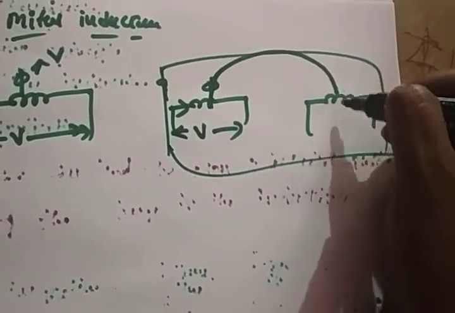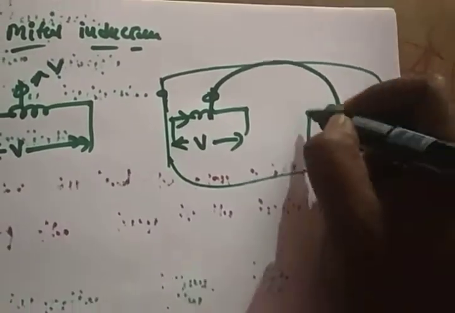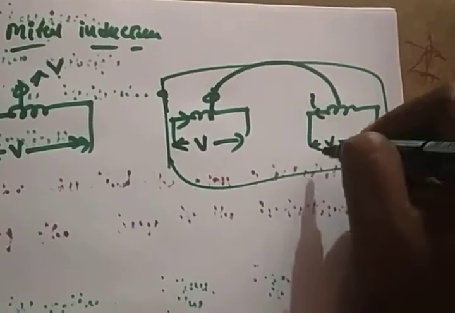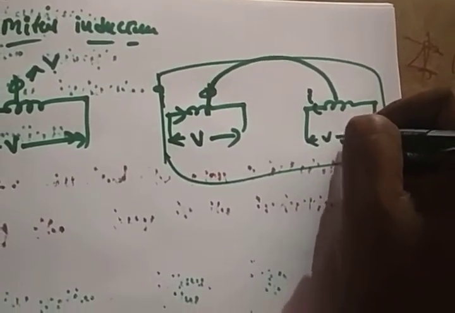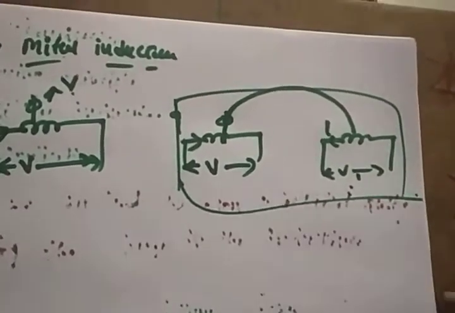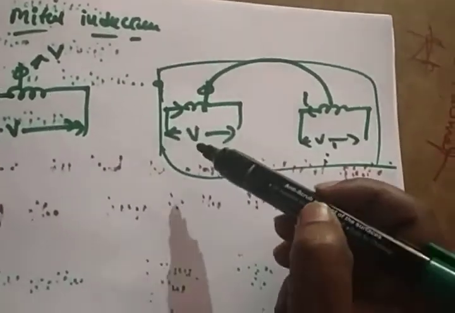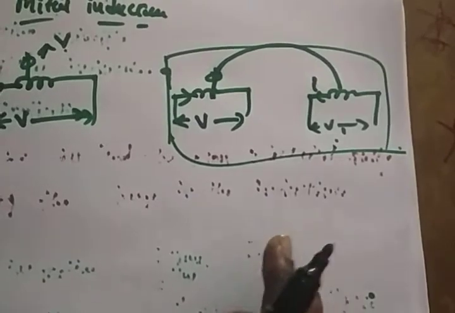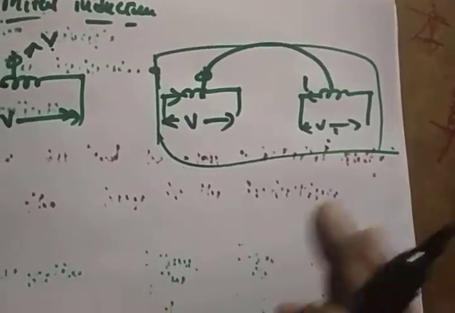That means here also we are getting the flux now, thereby some current will flow, and some voltage will be developed. This type of voltage we call a mutually induced voltage. Clear? The flux in one coil generates the voltage in another coil. That is called a mutually induced voltage.